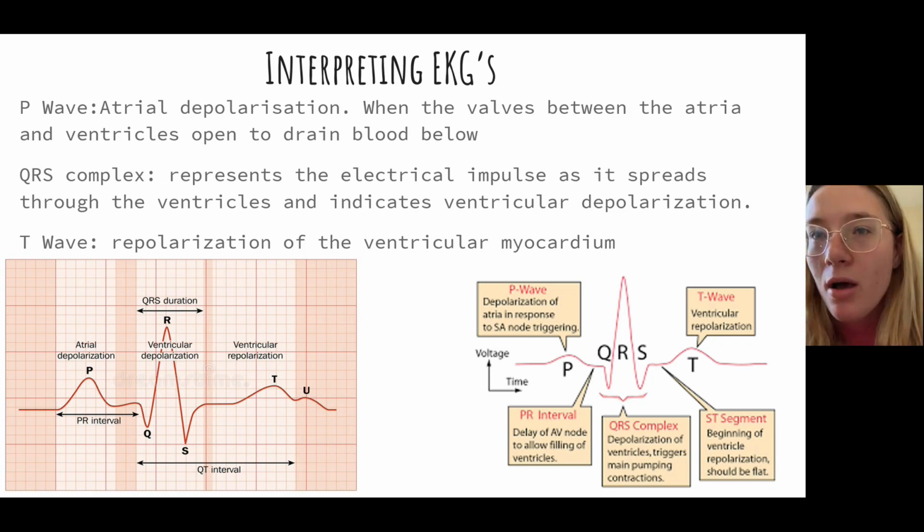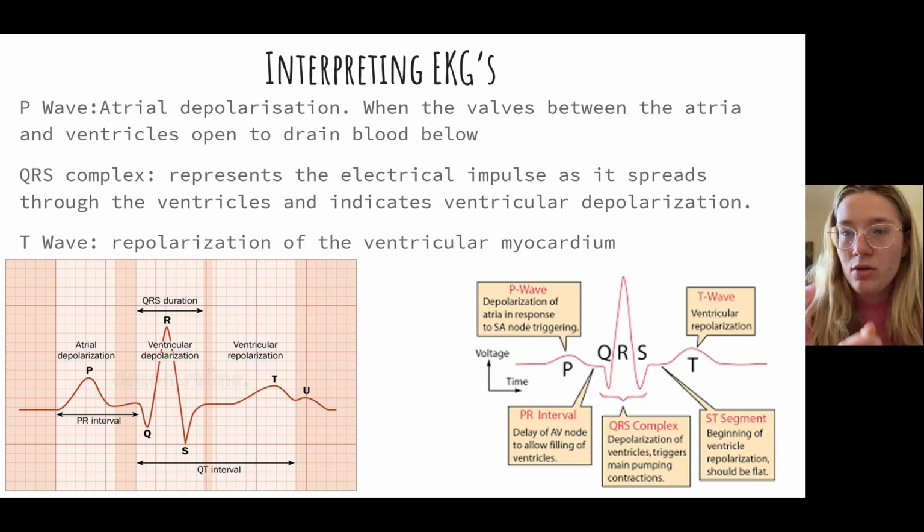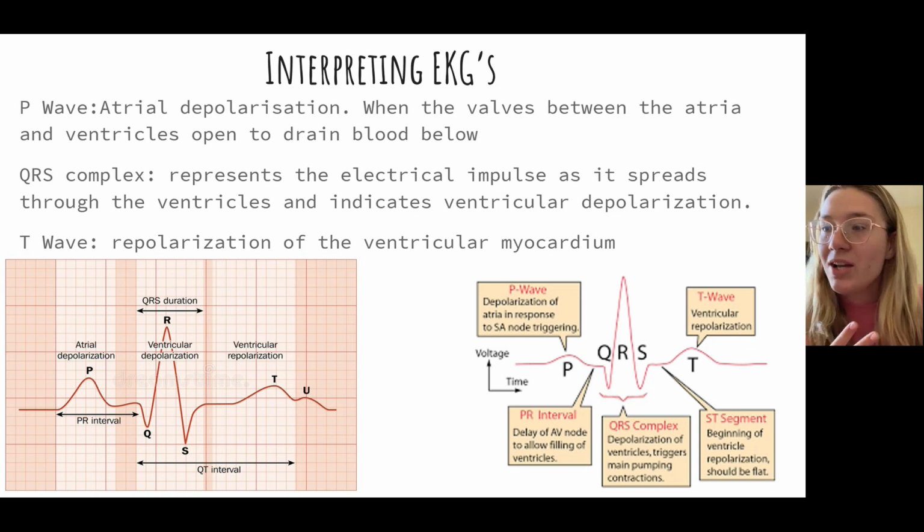The QRS complex, this is our electrical impulse as it spreads through the ventricles. It also helps us indicate ventricle depolarization. So now this electrical activity is going through the ventricles. And actually, our QRS complex, in the grand scheme of things, that's our systole, okay?